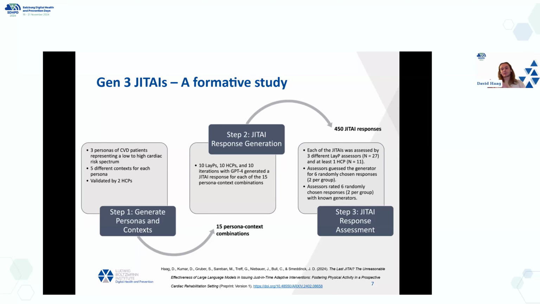And if yes, please phrase a message for us. The same task we also gave to healthcare professionals and laypersons. And those 450 JITAI responses, we again handed to healthcare professionals and laypersons to evaluate them. And what you can see on the next slide is what we found.